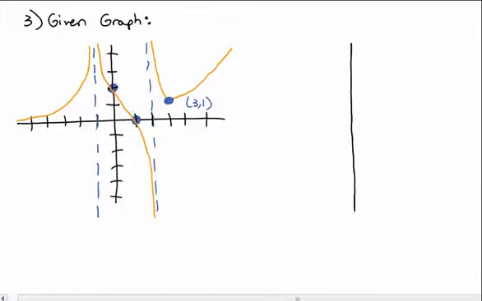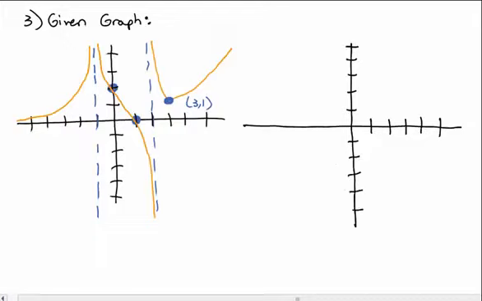We're going to attempt to graph the reciprocal of this function. And we should see the reciprocal of every key point work its way into this function. So there's really 5 key things in this graph we need to look at. First, the 3 points. The 0, 2 is going to become 0, 1/2, the reciprocal.